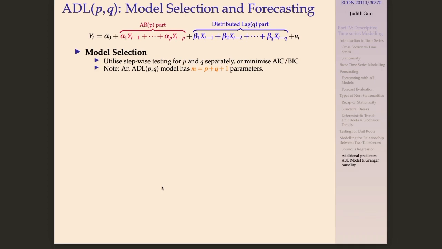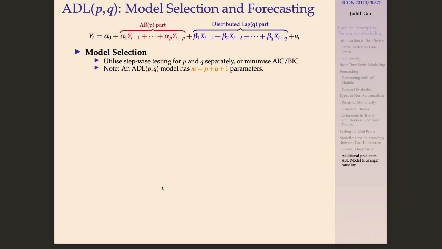Or instead, we could just calculate the AIC or BIC and find the model that gives the lowest value of these two information criteria. This might be simpler in the case of an ADL model, because it could be done by the program itself, whereas for stepwise testing down, we have to do it manually.